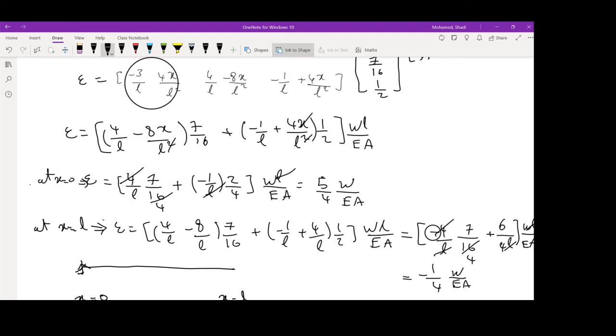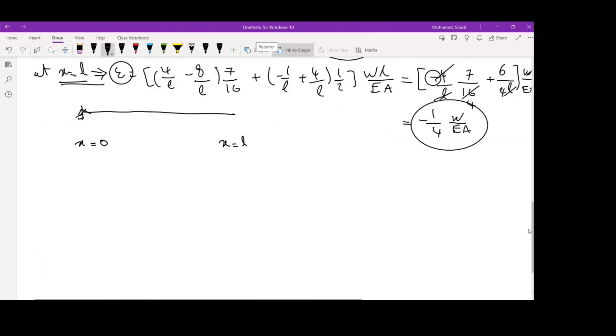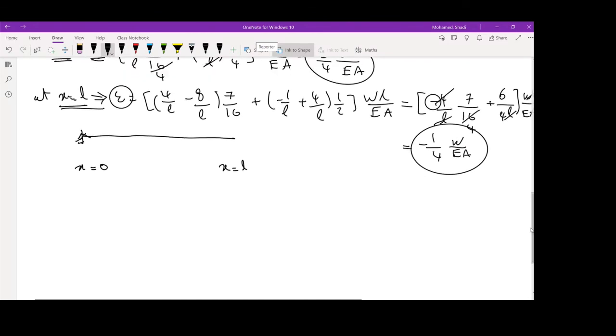So if you look into the strain at x equal to L, you will have minus 1 over 4 W over EA. If you look at the strain at x equal to 0, you will see that this is 5 over 4 W over EA. Now I'm going to draw that on this one here, so you can see how the strain would look like now.